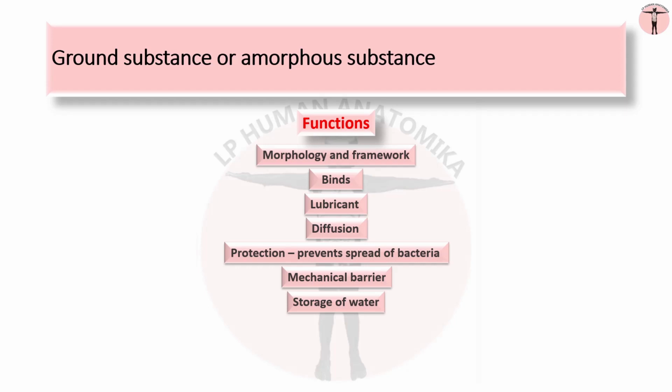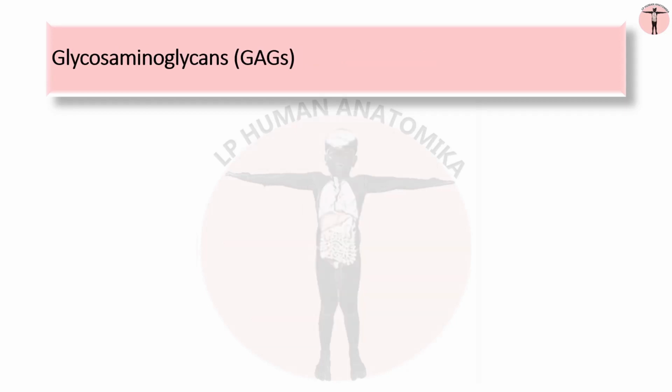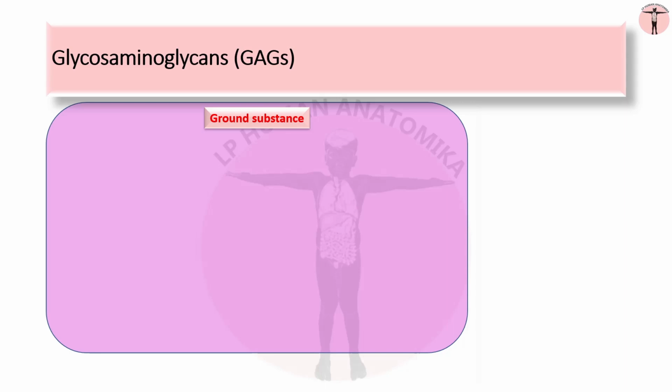molecules of hyaluronic acid. With advancement of age, the amorphous element of matrix diminishes and the fibrous element increases. Glycosaminoglycans, also called GAGs, in the ground substance are long-chained unbranched mucopolysaccharides.